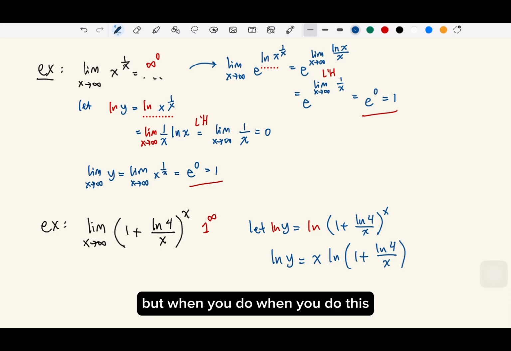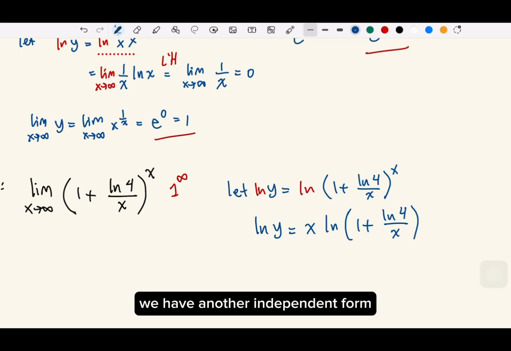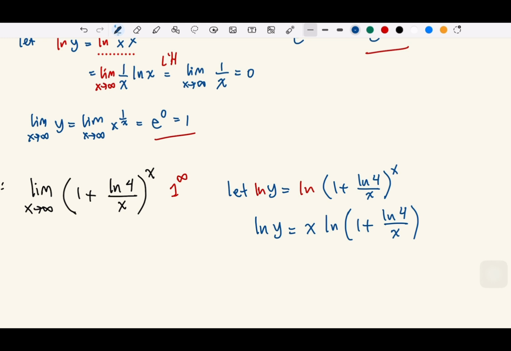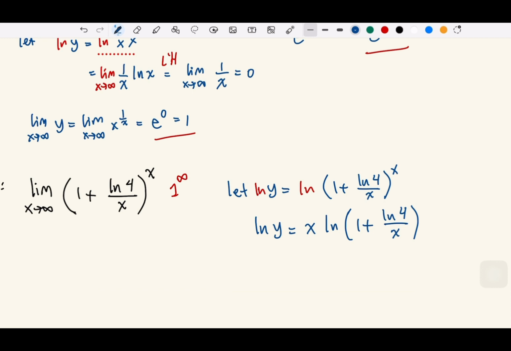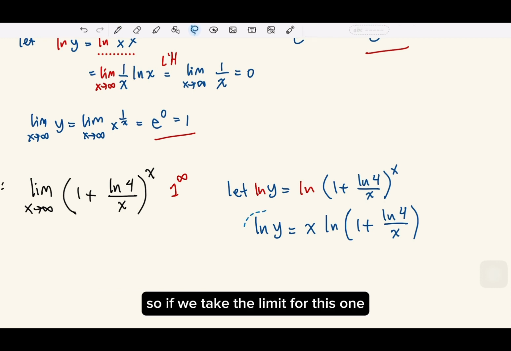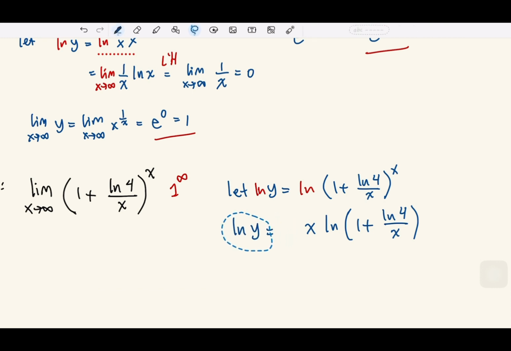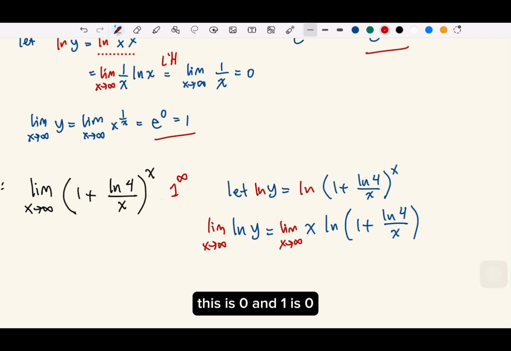But when you do this, we have another indeterminate form, if we take the limit. So let's take the limit. If we take the limit for this one, this is infinity, this is 0, and 1 is 0.